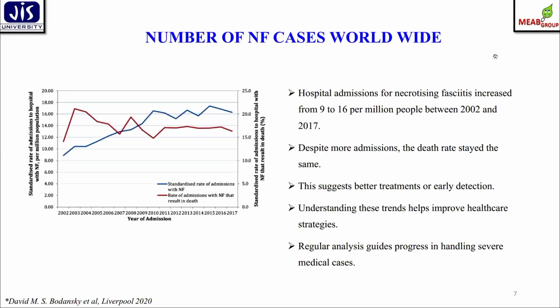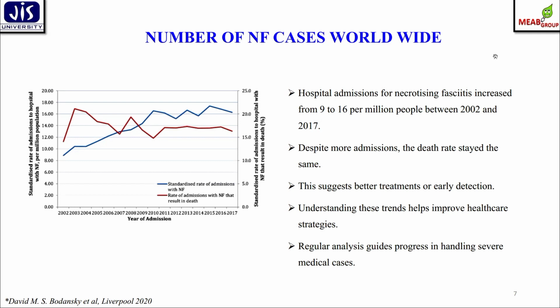It is very threatening that the number of NF cases has been gradually rising. Hospital admissions for necrotizing fasciitis increased from 9 to 16 per million people between 2002 and 2017. Despite more admissions, the death rate has stayed the same.